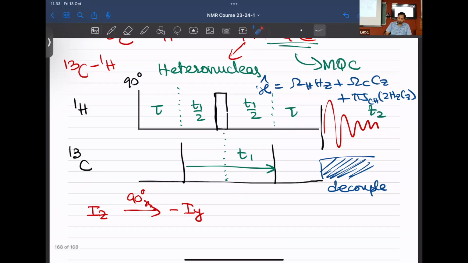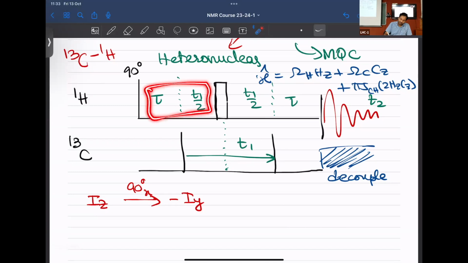We will see as we go forward. The important thing that you see here is tau plus t1 by 2, 180-degree pulse, and t1 by 2 plus tau. This is similar to a tau prime, 180, tau prime. Therefore, what will not evolve? Good. So this tau prime, 180, tau prime will not allow the proton chemical shift to evolve throughout. And until this part, since you're only going to have a Cz component or no C component, carbon chemical shift will also not evolve in these tau durations.